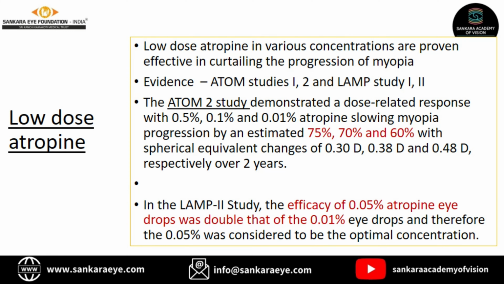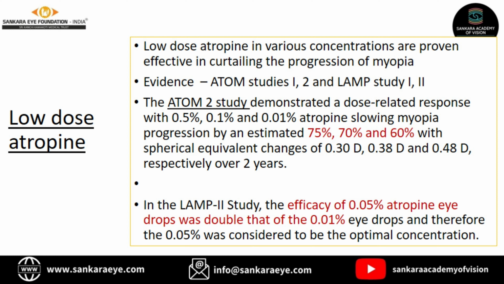Of the various concentrations available, what we have in India is closely 0.01%. What is available elsewhere, which is known to be effective, is around 0.05%, which is known to be a little more effective than 0.01%. The details of which are beyond the scope for a layperson, but yes, that is available for us to look at retarding the progression.